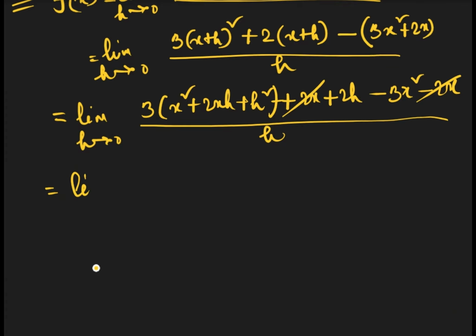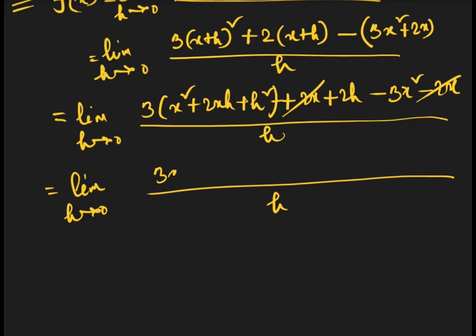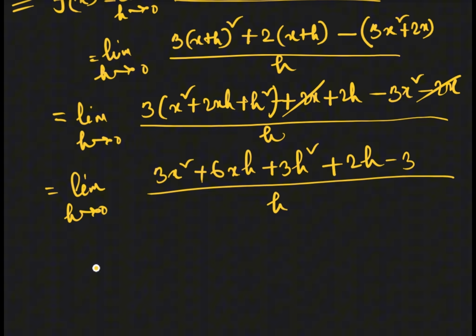Afterward, limit h tends to 0, here h, 3x square plus 6xh plus 3h square plus 2h minus 3x square. So this 3x square and this 3x square cancel out.